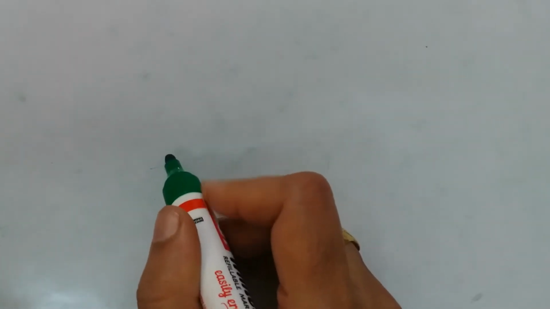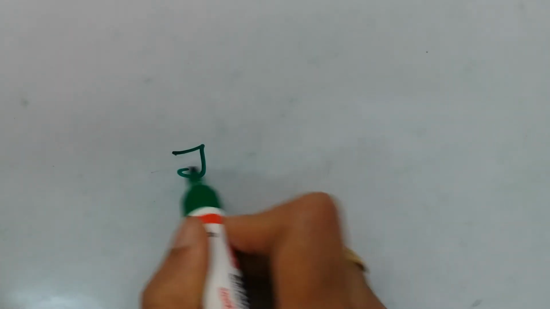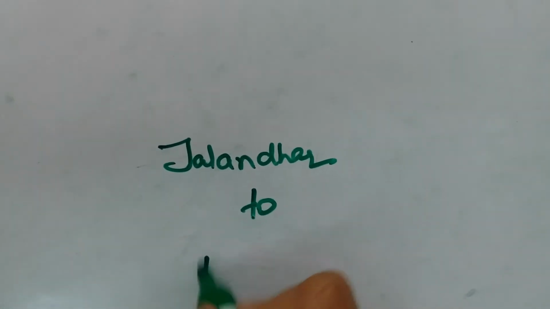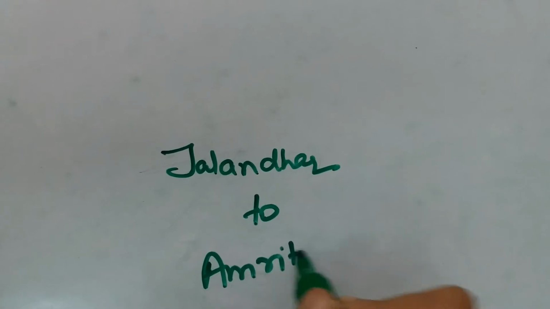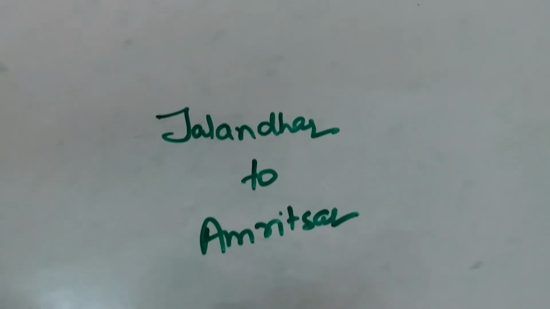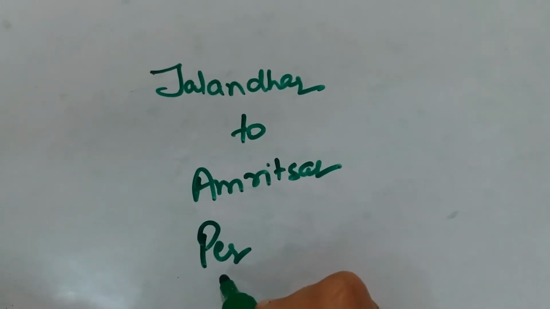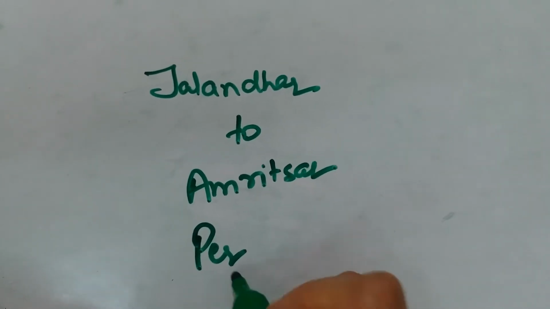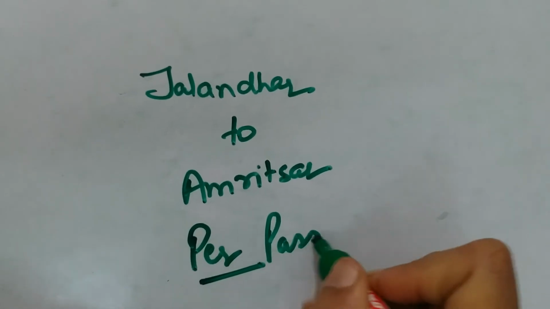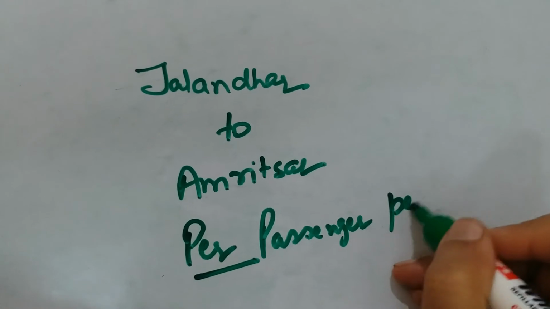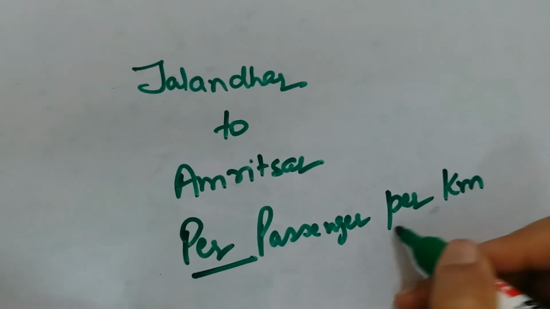Now, when I say service, let me tell you how the service is being charged. For example, if you are going from Jalandhar to Amritsar, how are you going to be charged? Suppose you are only a single person traveling, so per passenger they are going to take, and then per kilometer also, that is, how many kilometers.